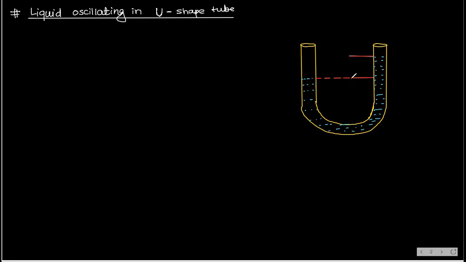I am showing you maximum and minimum positions, we can say. And somewhere here is your equilibrium position in between. Okay? Got my point?